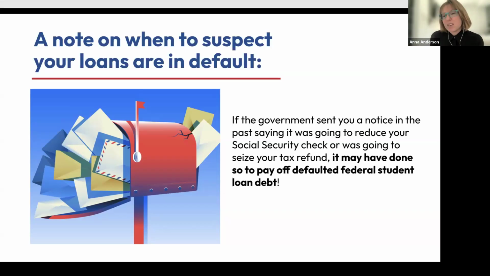If it's been a few years since this happened and you never took any steps to get out of default, or to get into some type of loan rehabilitation or consolidation, it's possible that your loans are still in default.